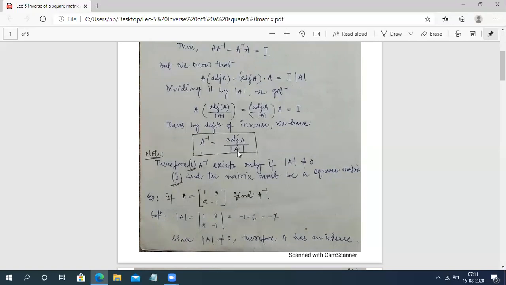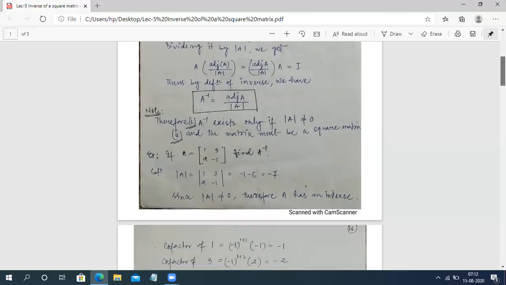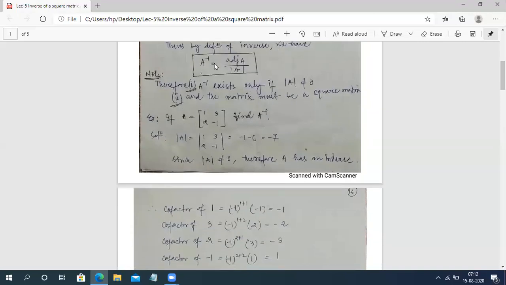If it is non-zero, then only the inverse of that matrix will exist. And definitely the matrix must be a square matrix, otherwise we cannot find the determinant value. So this is our formula: A inverse is equal to adjoint of A divided by determinant of A.